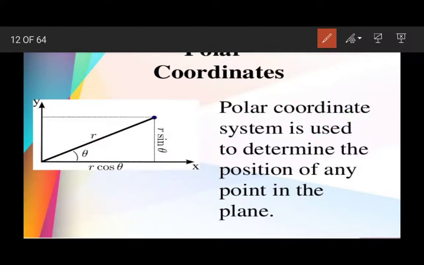Basically, we use this polar form when the angle is given. When theta is given, we use polar form.